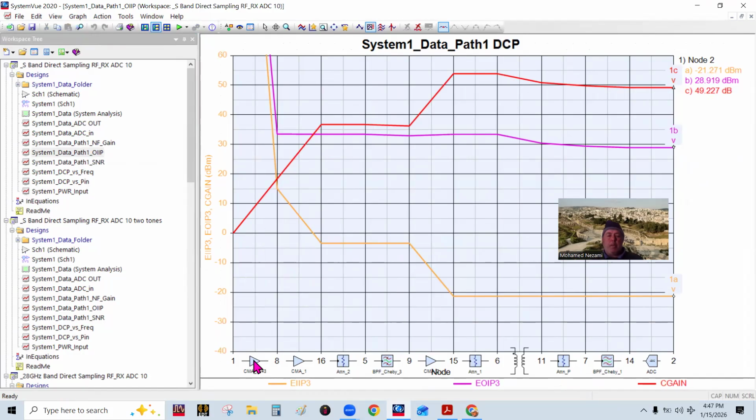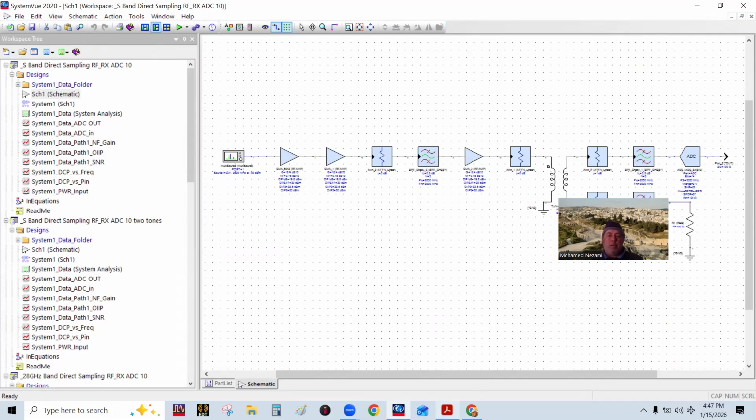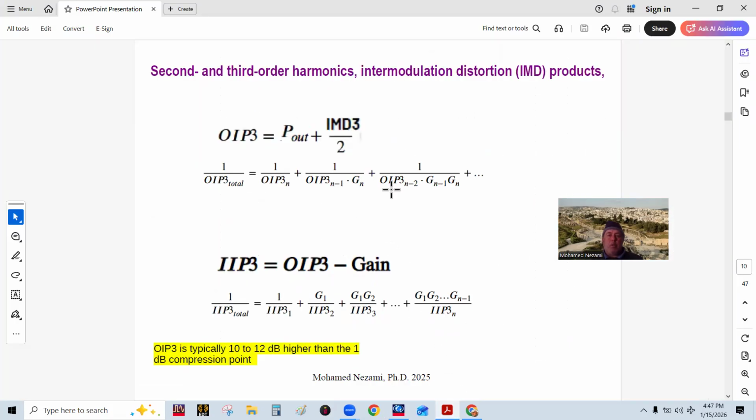This is the S-band receiver, and you can actually compute the third order input and the output third order and the cumulative gain for this system in here. Okay, because a lot of times we have many components and we can't do it by hand, or we can run it using MATLAB or now.